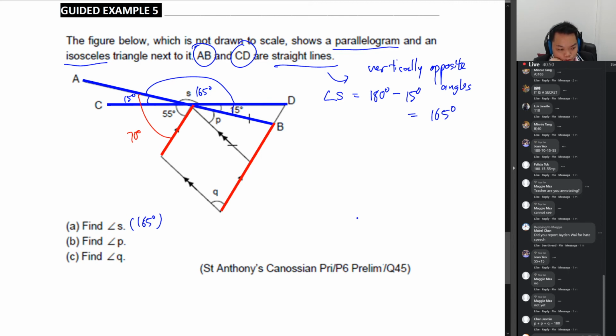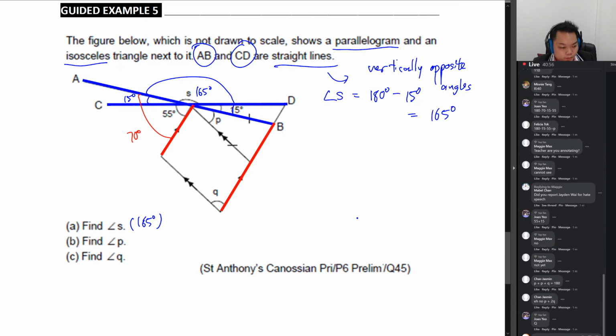Okay, Javen, you're quite close, but not really. Okay, it's not that. Okay, where else has this same 70 degrees here? Everyone starts to slow down already, right? So look carefully first. Why did I talk about parallel lines? Because parallel lines usually give rise to two main properties.